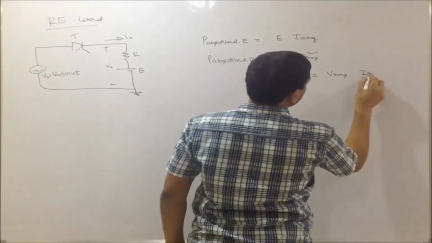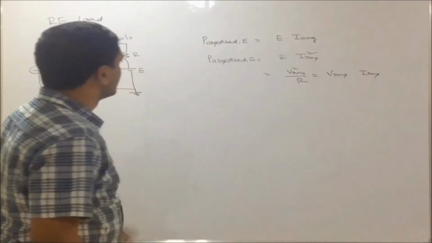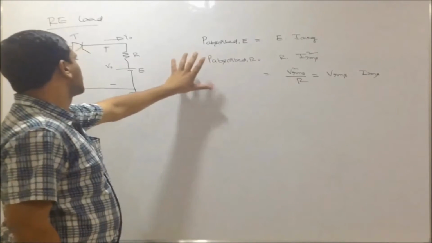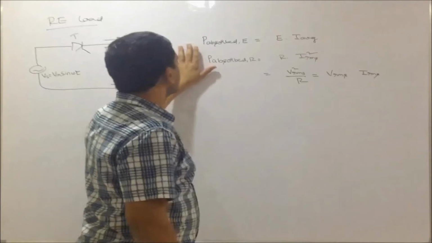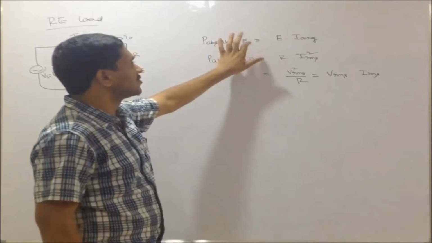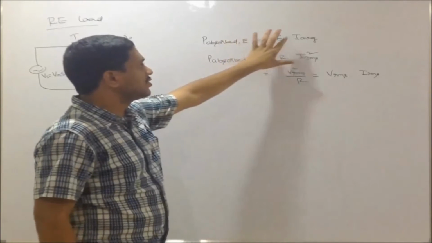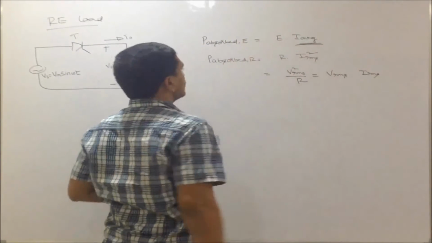These are very simple things, basics, fundamentals, but still afterwards we shouldn't get any confusion. That's why I'm telling these things for clarity. The power absorbed in the EMF source or battery is E into the average current flowing through it.